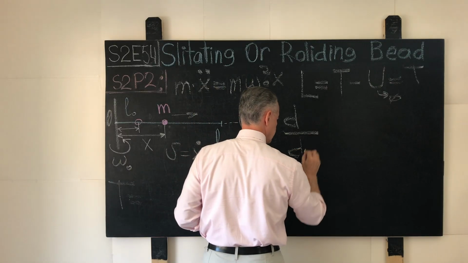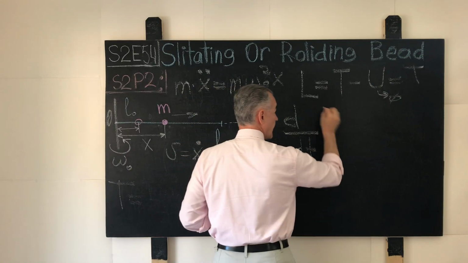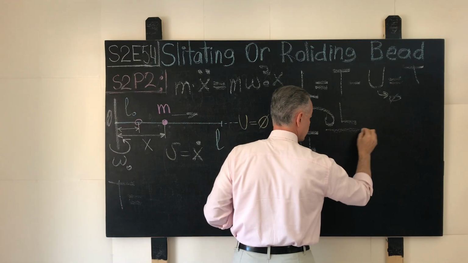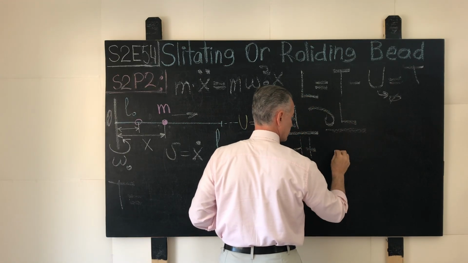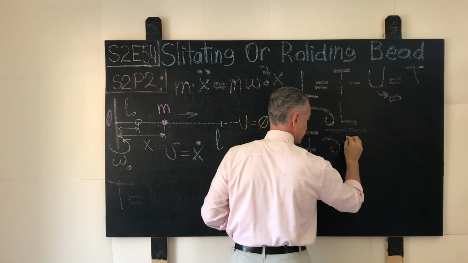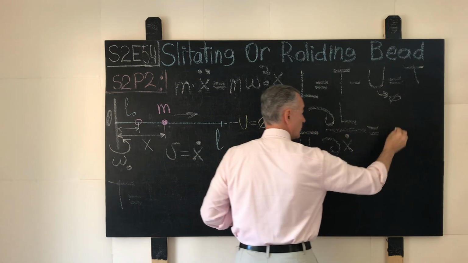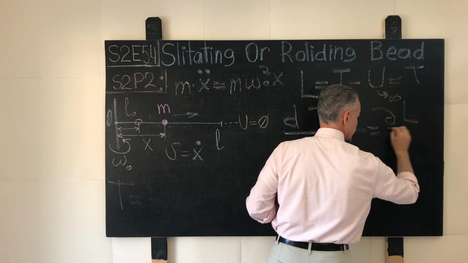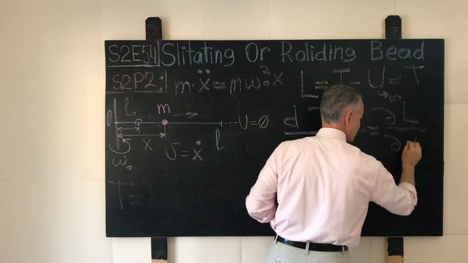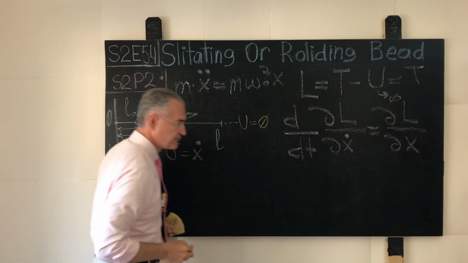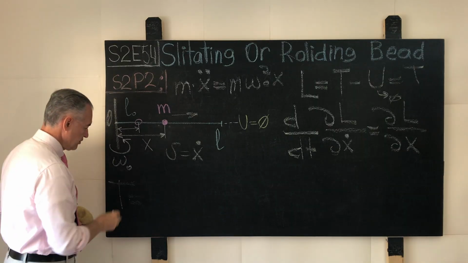The first complete derivative over time of the first partial derivative of the Lagrangian with respect to the generalized velocity will be equal to the first partial derivative of the Lagrangian with respect to the generalized coordinate. And we're pretty much home free.